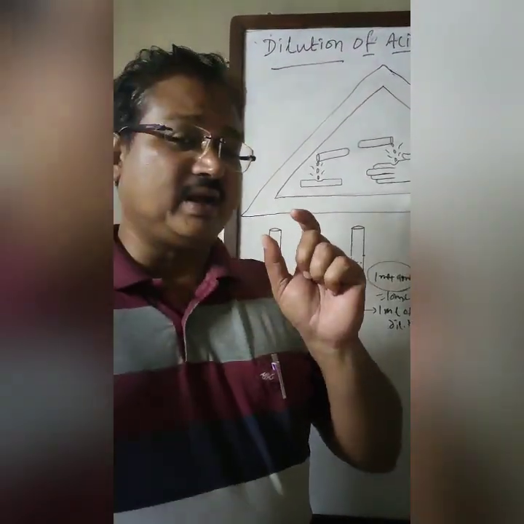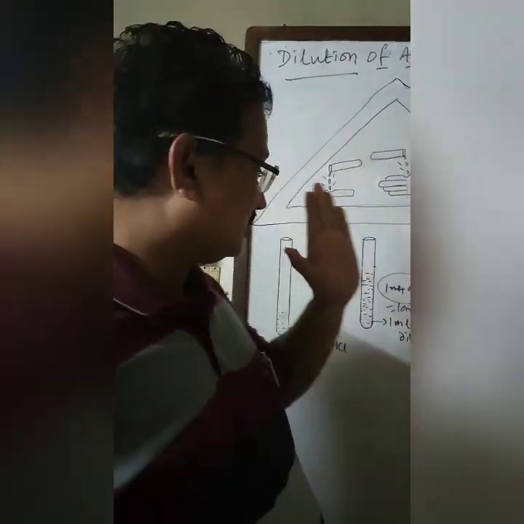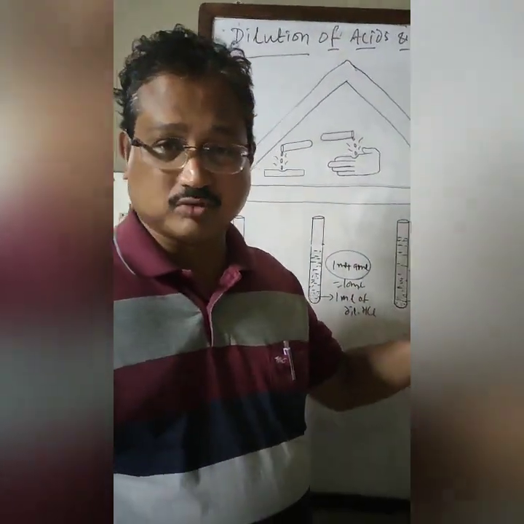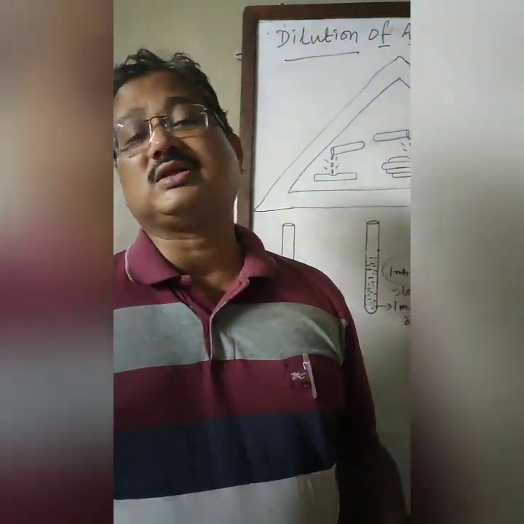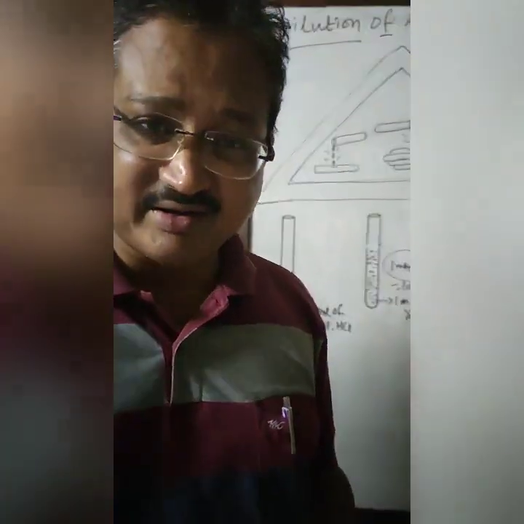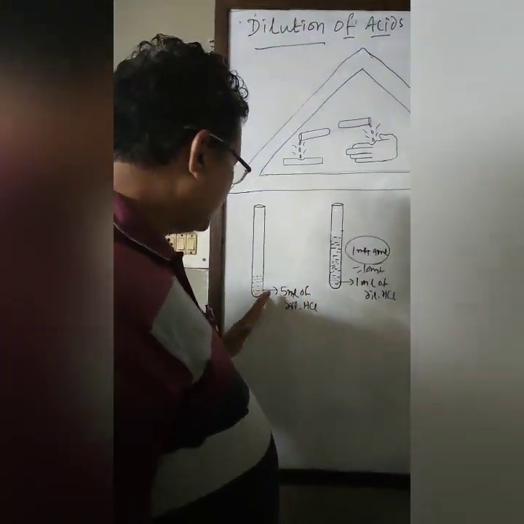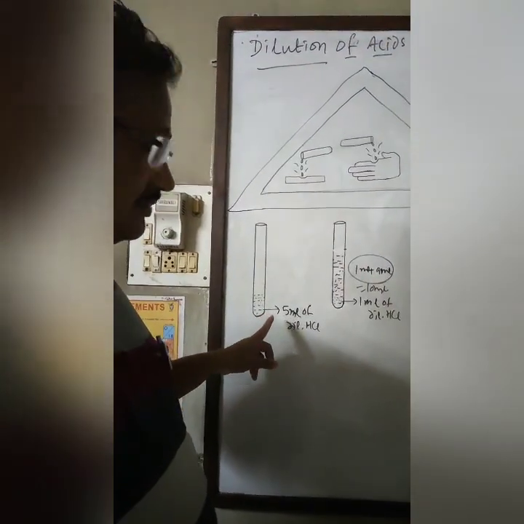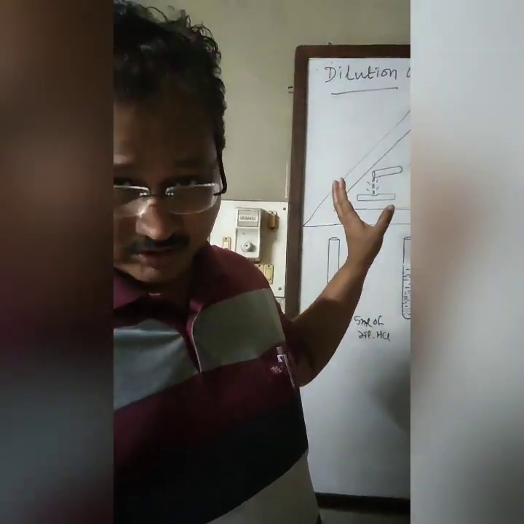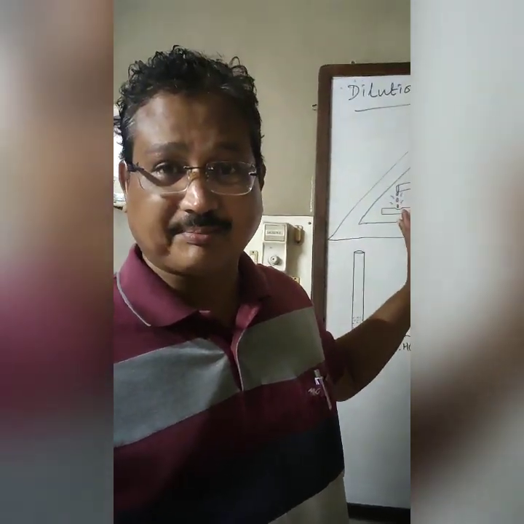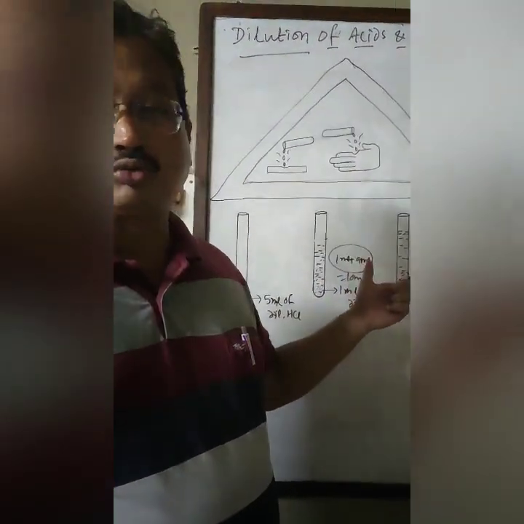Now if I add 1 centimeter of magnesium ribbon in all these 3 test tubes, in which case do you think the hydrogen gas will evolve rapidly? Obviously in the case where 5 ml of dilute HCl is there, the evolution of gas will be rapid, because the others have been further diluted with water.